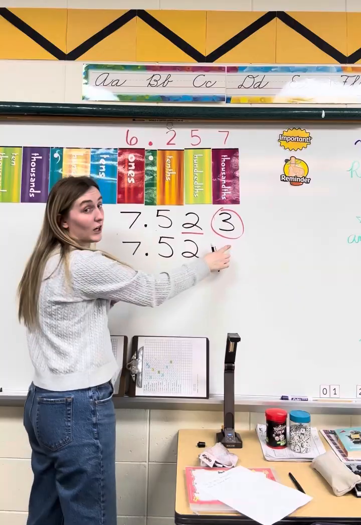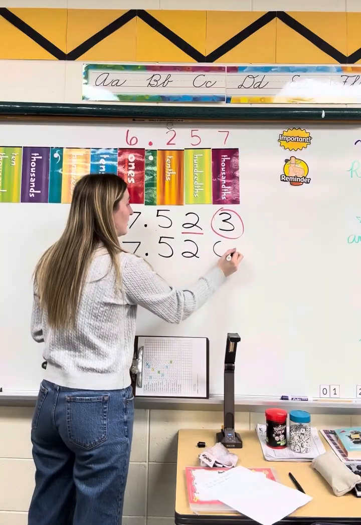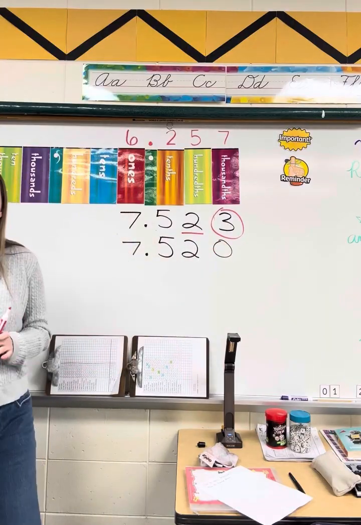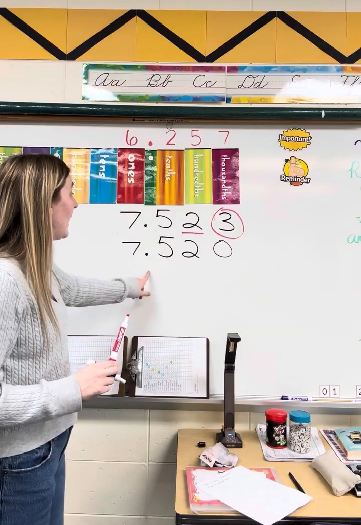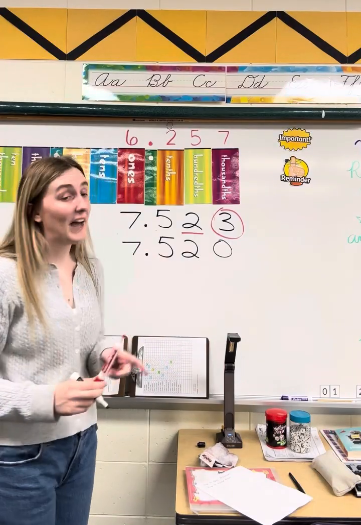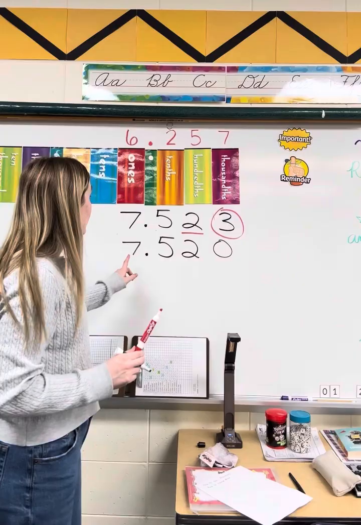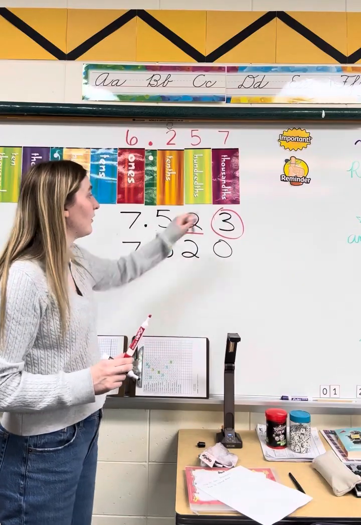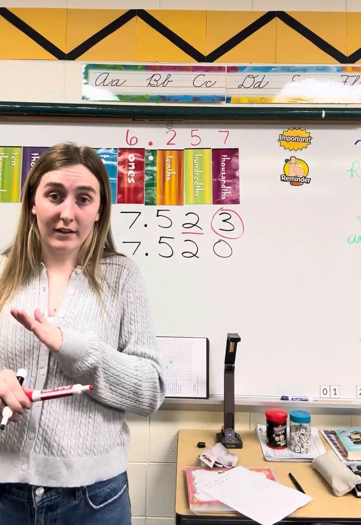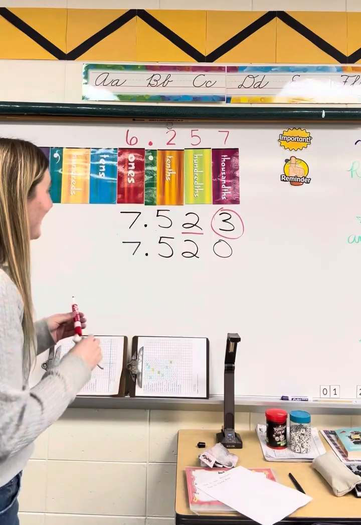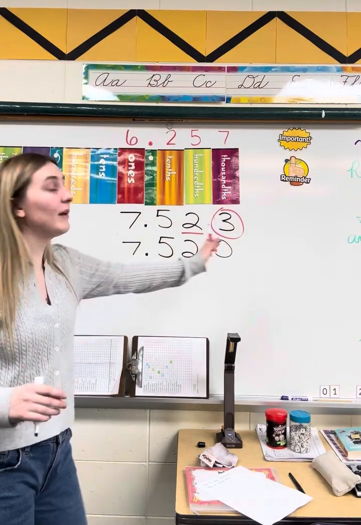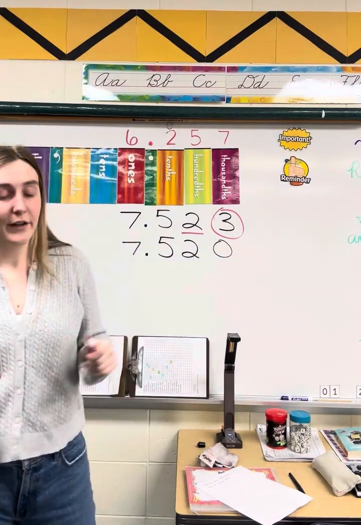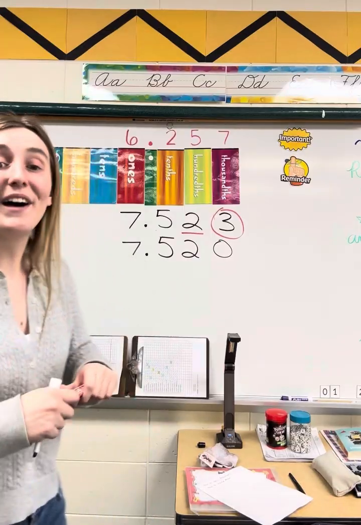After we use our helper friend, we have to make sure we turn it into a 0. So this number now becomes 7 and 520 thousandths, or 7 and 52 hundredths, because the 0 doesn't mean anything. Okay, hopefully that helps a little bit. We can keep going into the 10 thousandths or the 100 thousandths, but I think we all get the point.